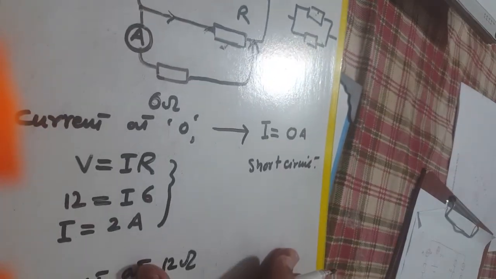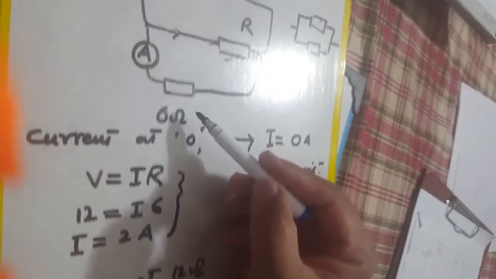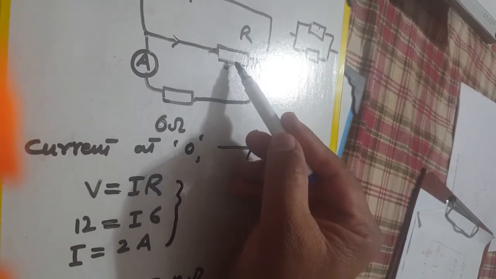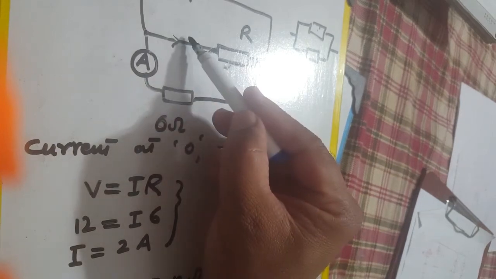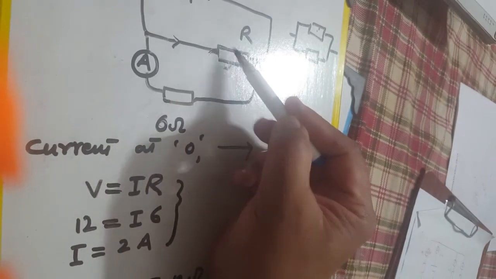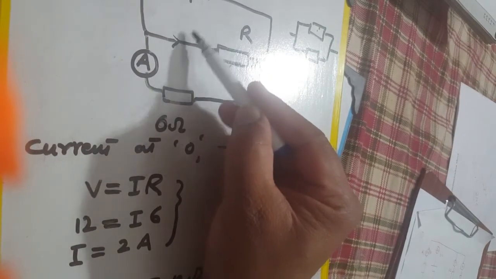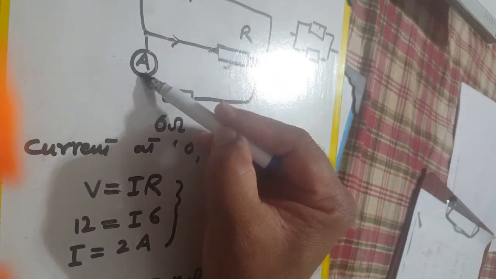So when this is 12 and here is a 12 volt, current will be I think 1 ampere. V is equal to IR आप लगाएंगे. Here is 12, voltage is 12, current will be 1 ampere in this branch. But he asked for the current in the ammeter.